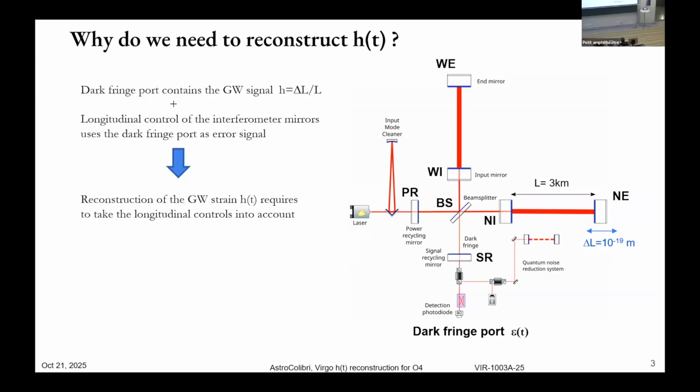And so part of this gravitational wave signal is in the control loops. And so we need to reconstruct from the dark fringe signal and from the control loop signals what is the real gravitational wave amplitude.